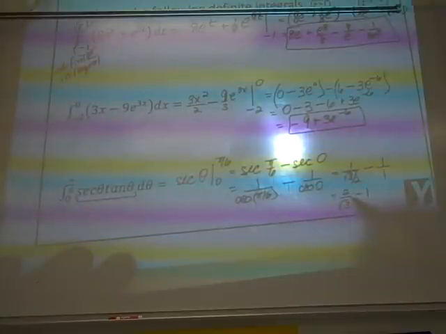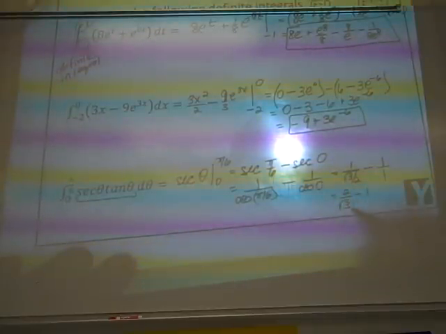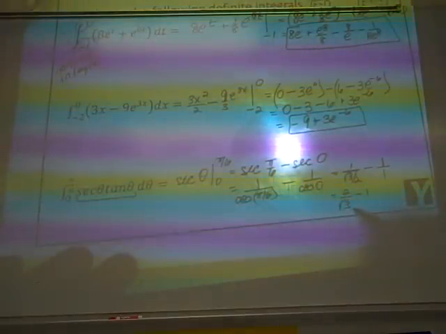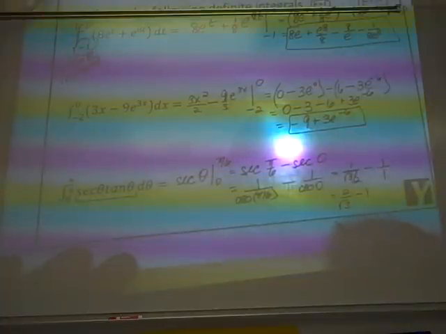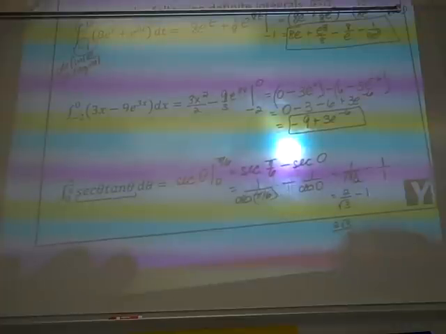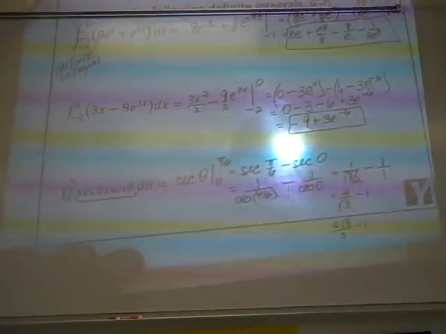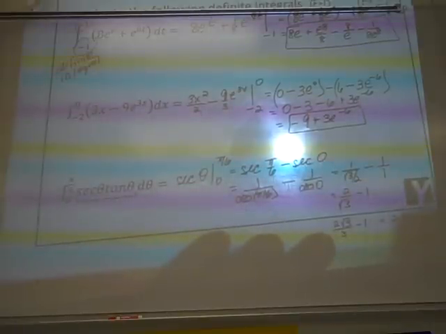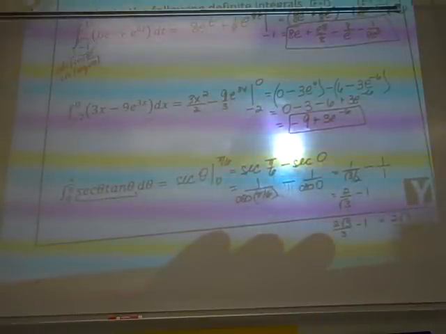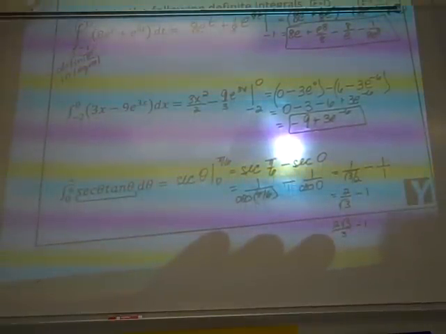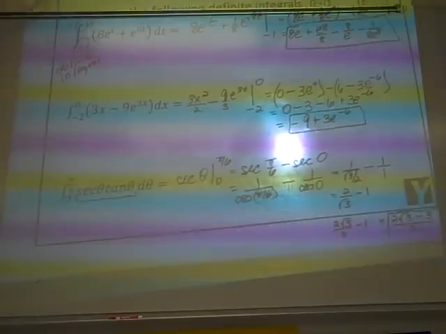Don't leave your final answer. You multiply the numerator and the denominator by a fancy 1. Multiply by the square root of 3 over the square root of 3. So you get 2 square roots of 3 over 3 minus 1. Even better, if you want to get a common denominator, 2 square roots of 3 minus 3 over 3.